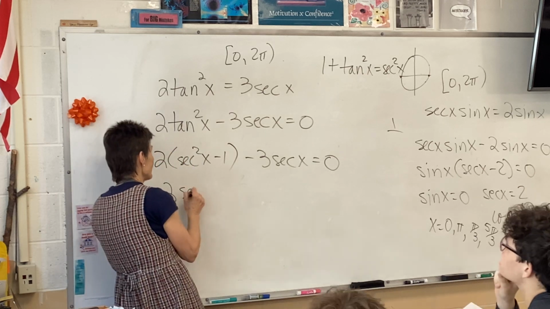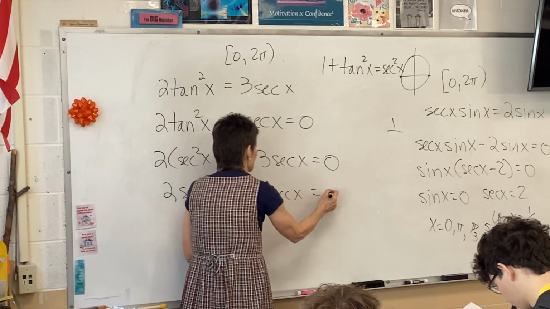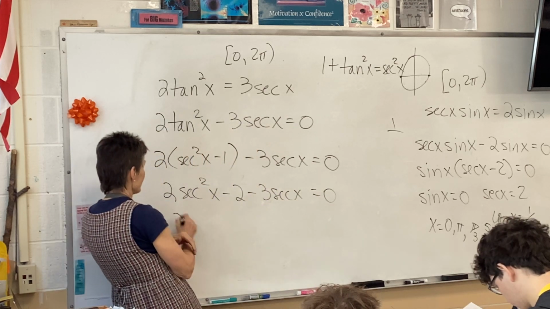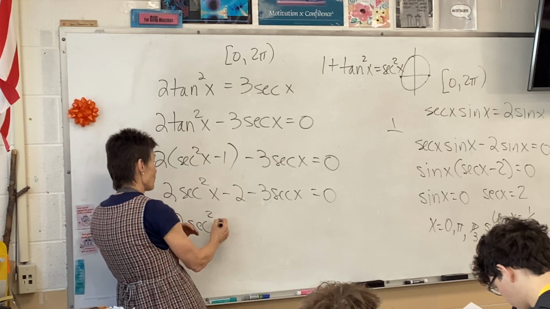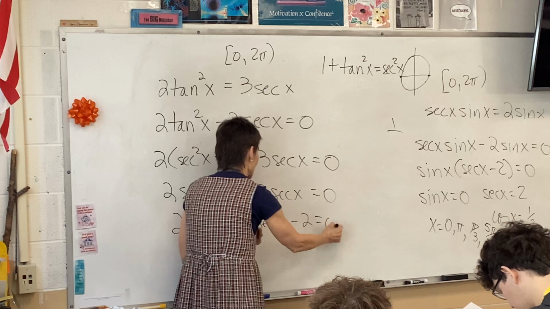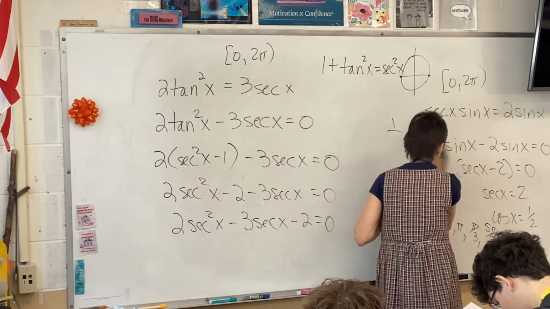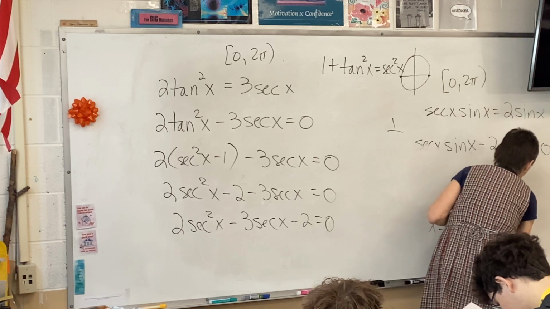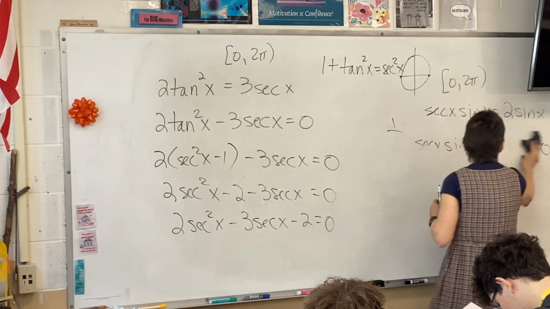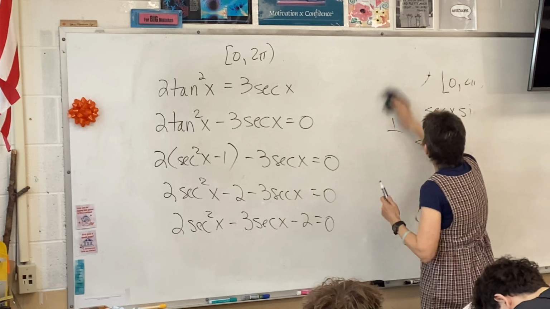So now we have 2 secant squared minus 2 minus 3 secant. So let's get things in the right order, because we're hoping we can factor. If we can't factor, we can use the quadratic formula. Do you think it factors? Yeah.